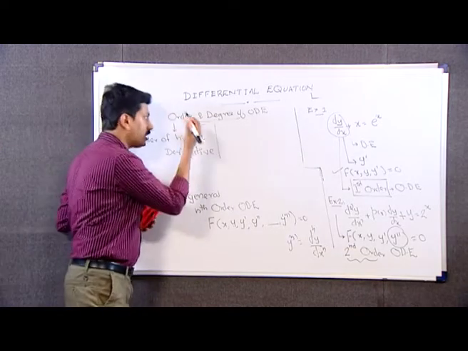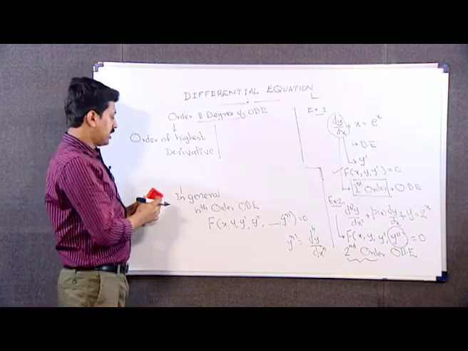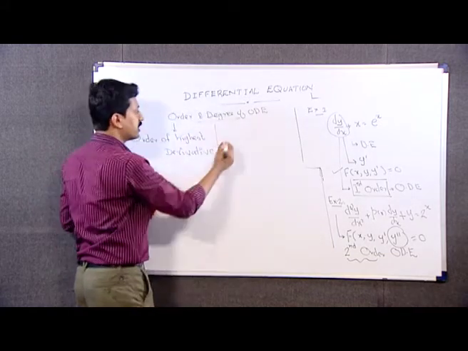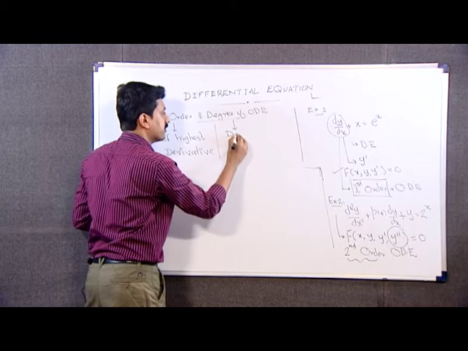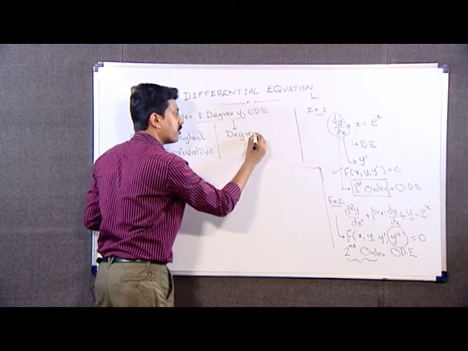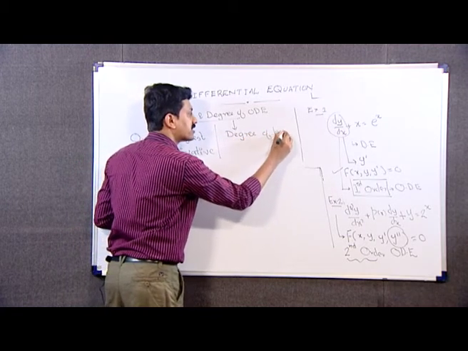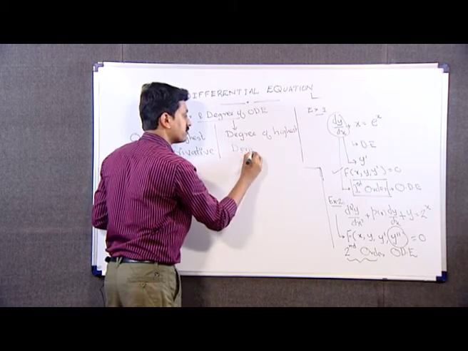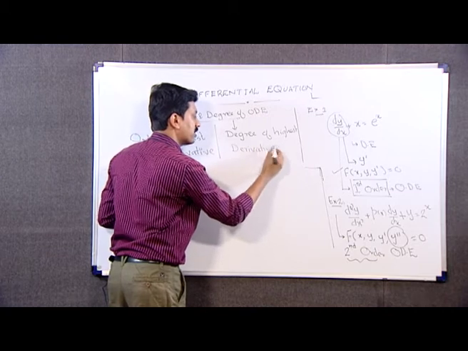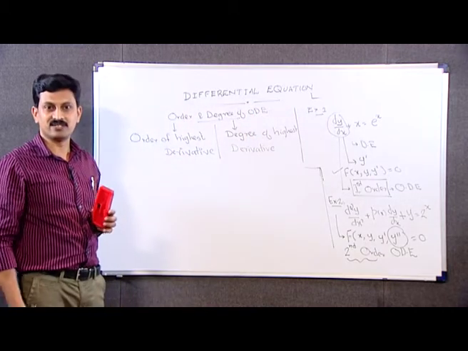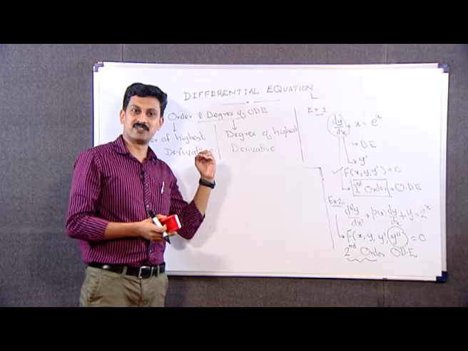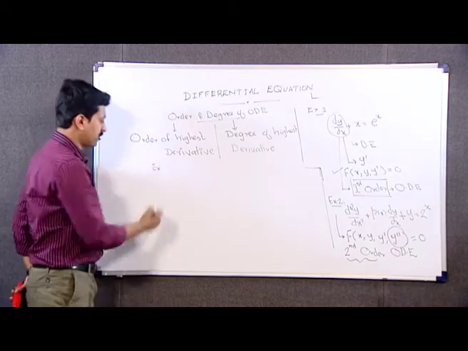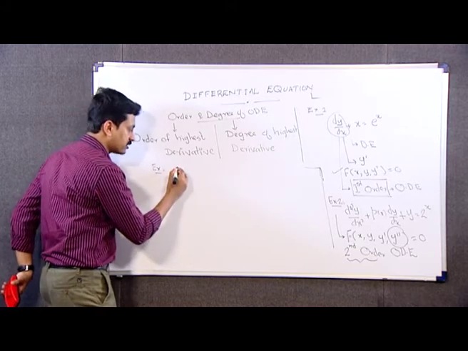What about the degree of a differential equation? The degree of a differential equation is the degree of the highest derivative. What is the degree of the highest derivative? For example, we can have a differential equation.